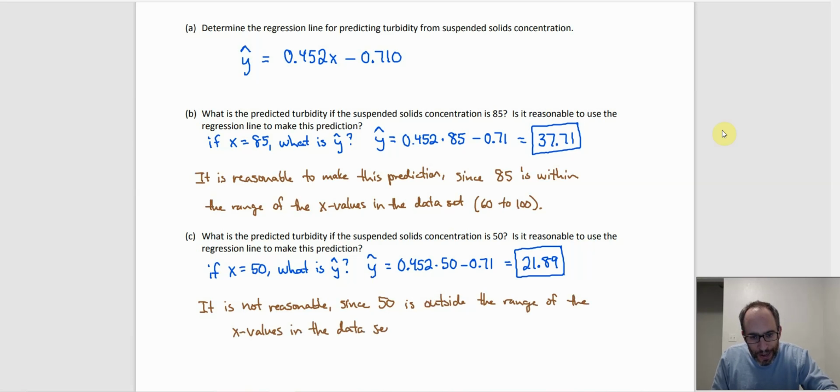So basically anything between 60 and 100 we're good, since that's the range of the x values. But 50 is too small.